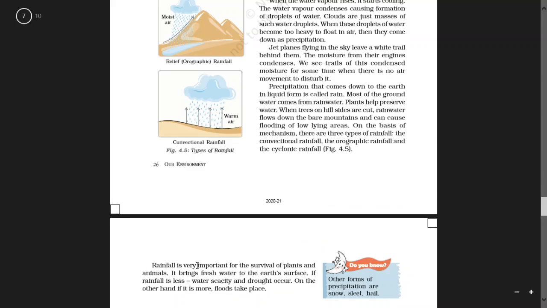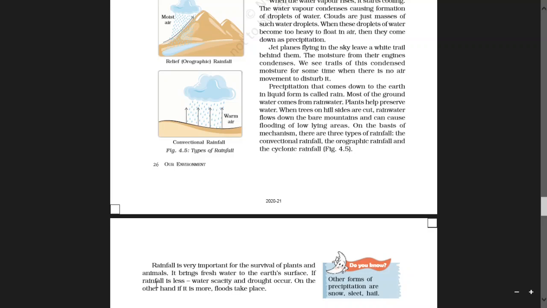Rainfall is very important for the survival of plants and animals. It brings fresh water to the surface of our earth.